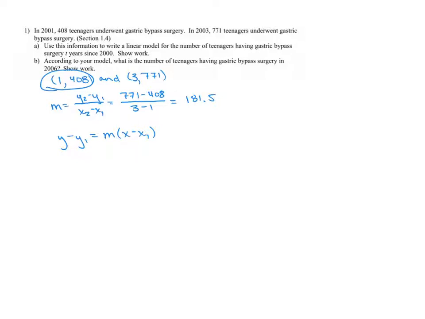When we plug in, we get y minus 408 equals 181.5 times x minus 1. If we go ahead and distribute now, we get y minus 408 equals 181.5x minus 181.5.